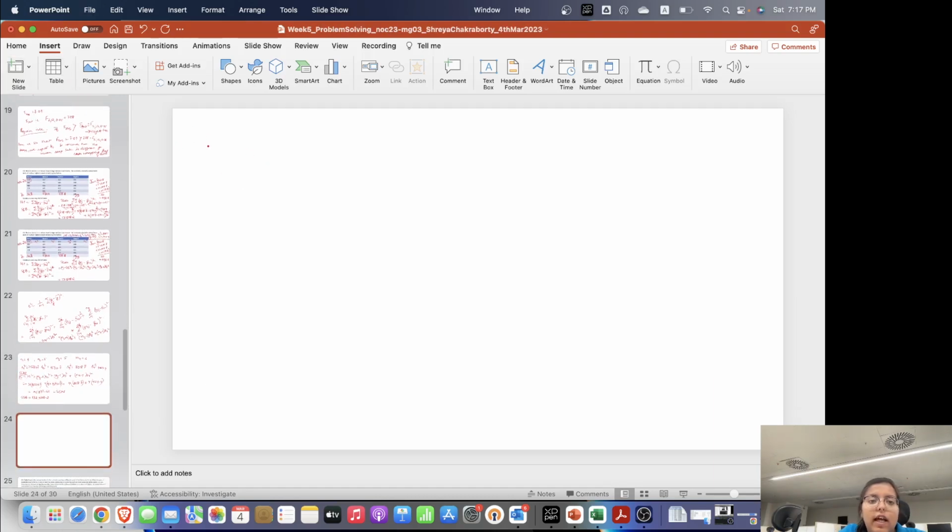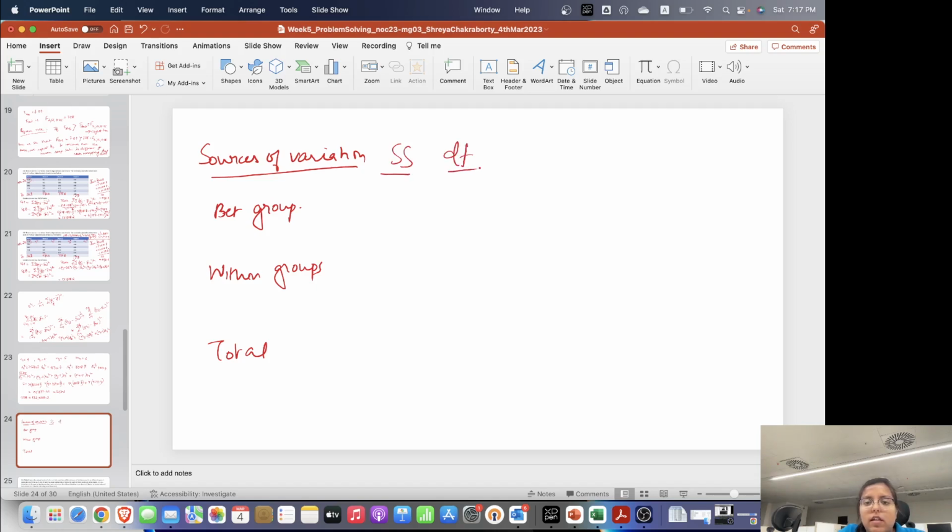So now we are going to construct the ANOVA table. Here we'll have sources of variation: between groups, within groups and total.